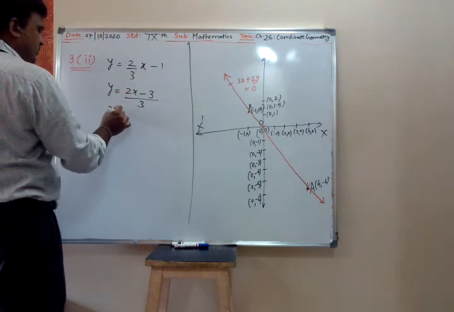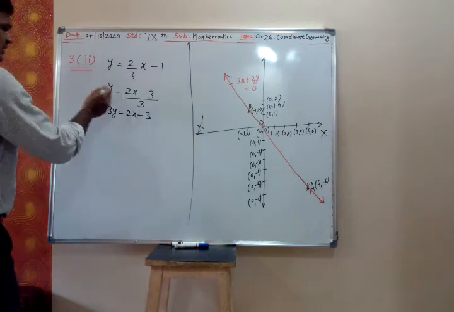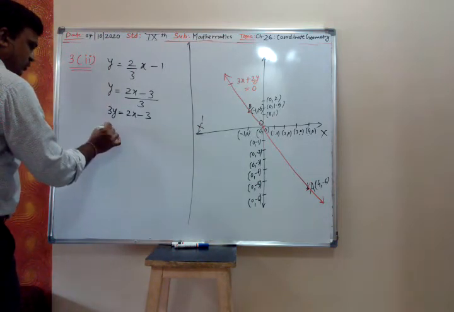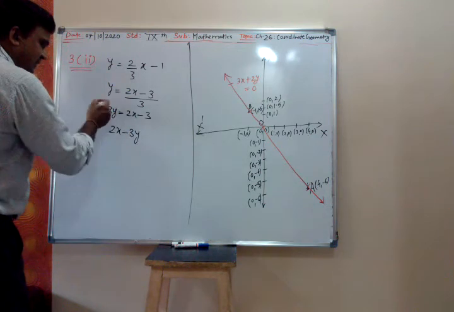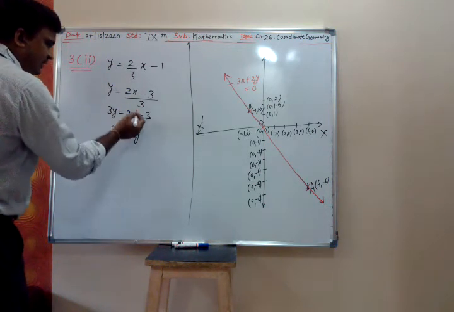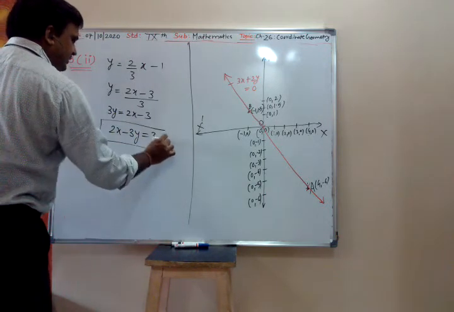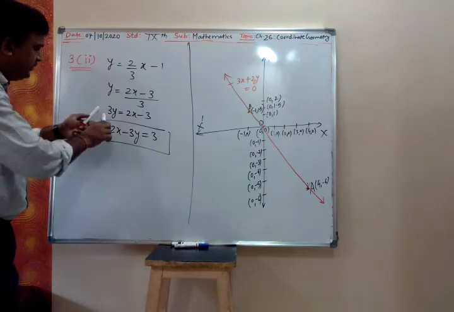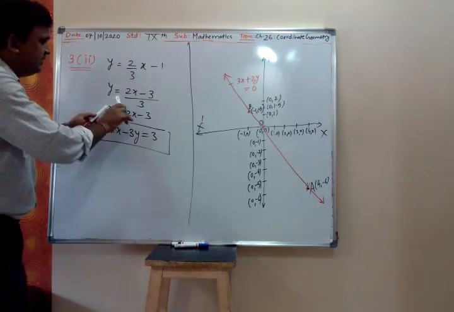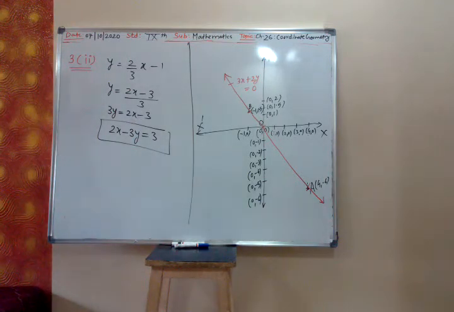So 3y is equal to 2x minus 3. Cross multiply, so you will get 2x minus 3y is equal to 3. So this is the equation which we get. How does minus 3 come? We are taking 3y on this side and 3 on the other side.